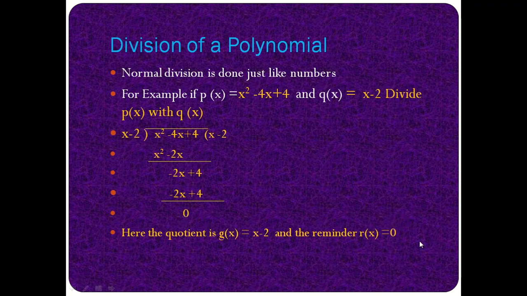If there is no remainder for a particular polynomial, we can say gx is a perfect factor of px, and that is what is known as the factor theorem.